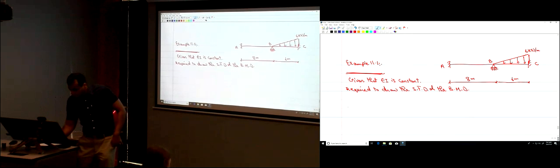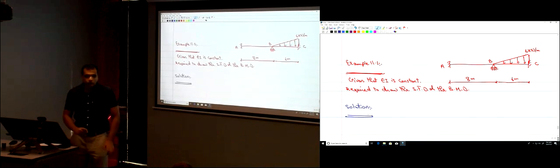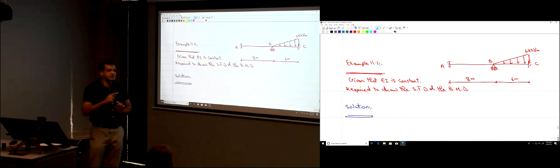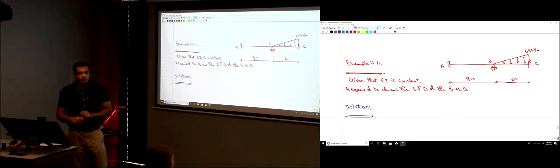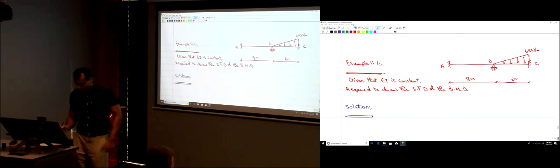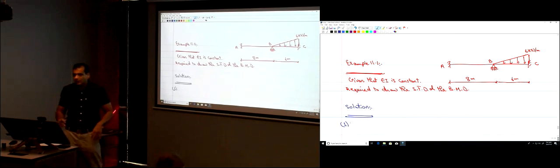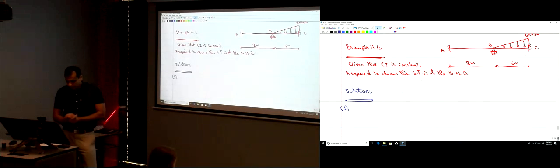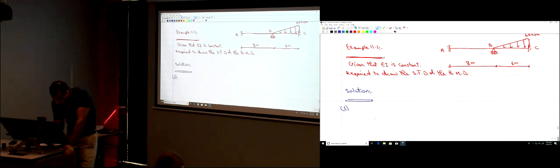So for the solution, what should we do? Just follow the steps that we wrote. The first step, break the beam down into individual members. How many members do we have here? 2 members, member AB and member BC.